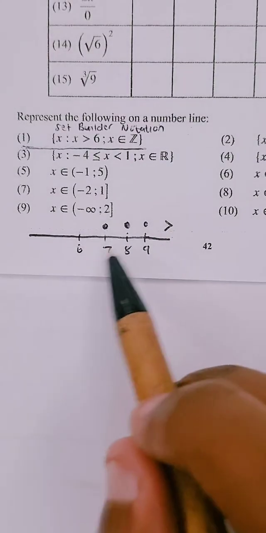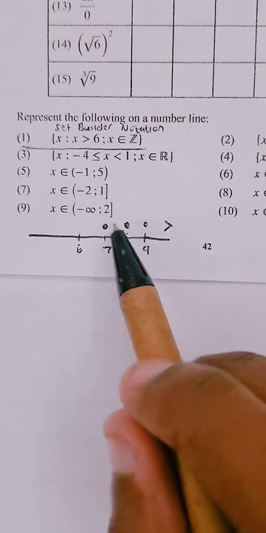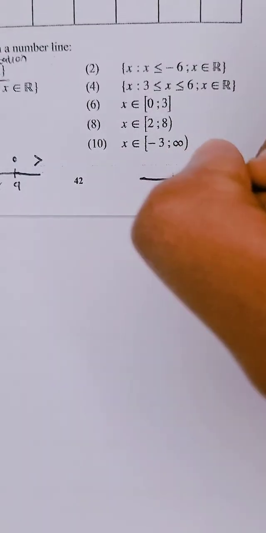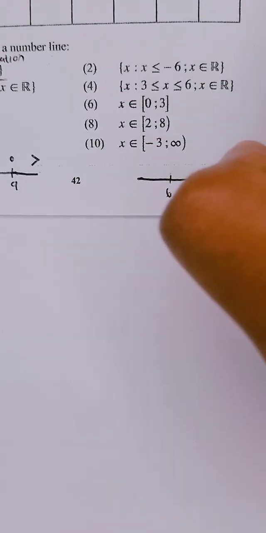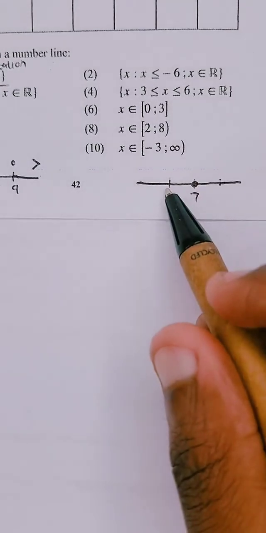Now the new Mind Action Series textbook does this, whereas the old Mind Action Series textbook puts the dots on the numbers. 6 is not included, of course.